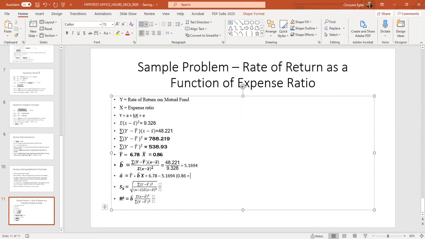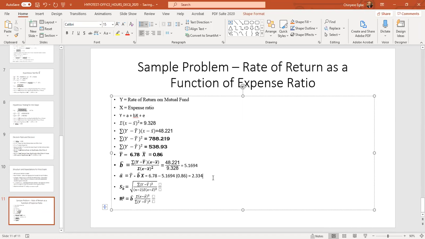Okay, so the answer is 2.334. All right.